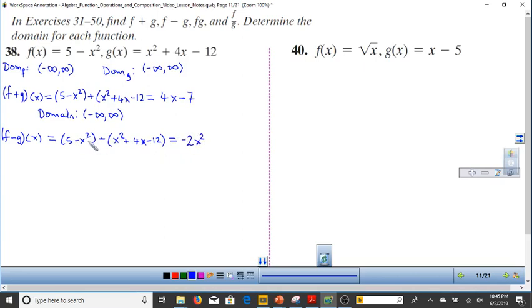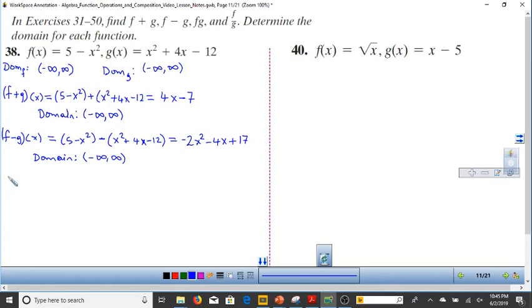And then there's a negative 4x because there's nothing else in the parentheses. And then 5 minus negative 12 is 5 plus 12, which is 17. And as with the addition, the domain of the subtraction is negative infinity to infinity. Again, because we look at where the two regions overlap.